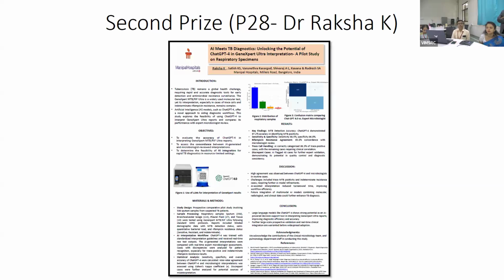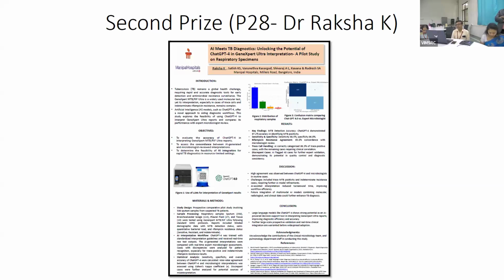It further needs to be elaborated beyond the pilot study level, including many patient samples, and defining the large language models of ChatGPT, whose version itself is increasing and improving over a period of time now.